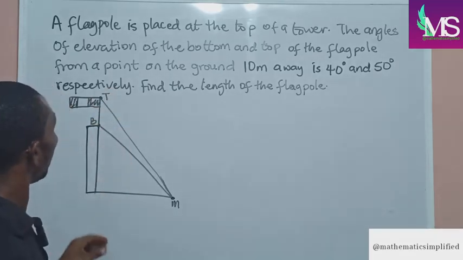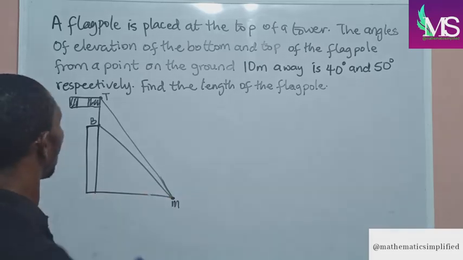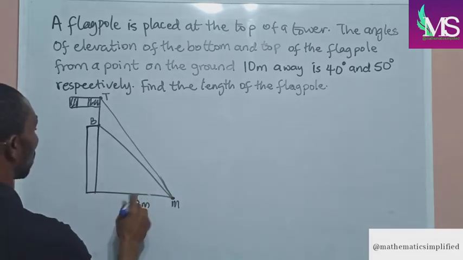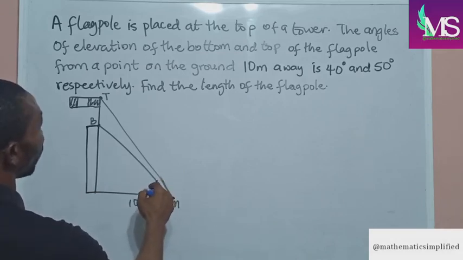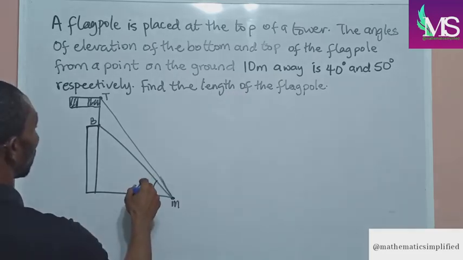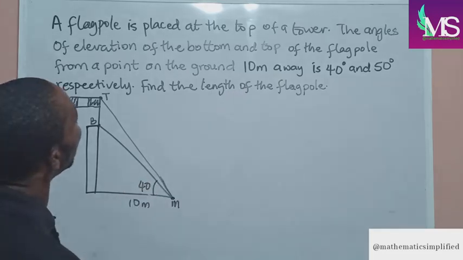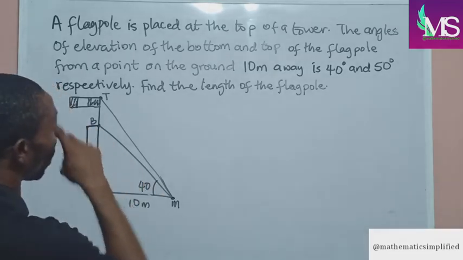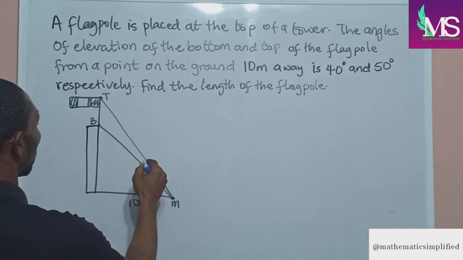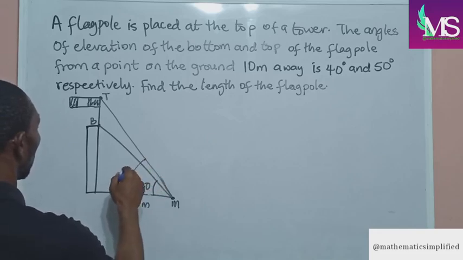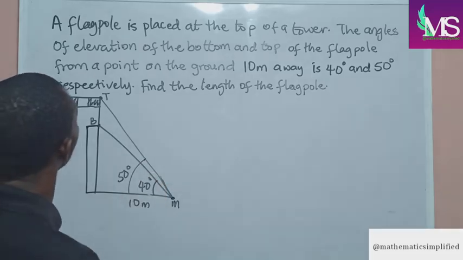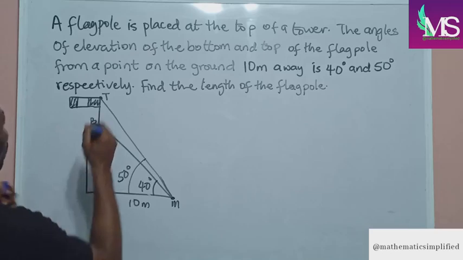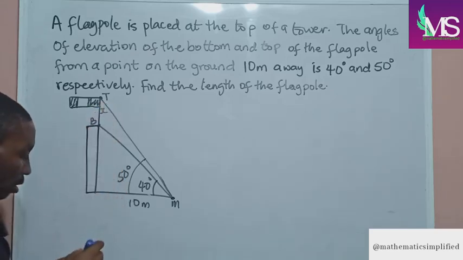They said from this, that is 10 meters, and the angle of elevation here for bottom is 40, and for top is 50 degrees. So that we should find the height of our pole. Let's call the height of the pole X.